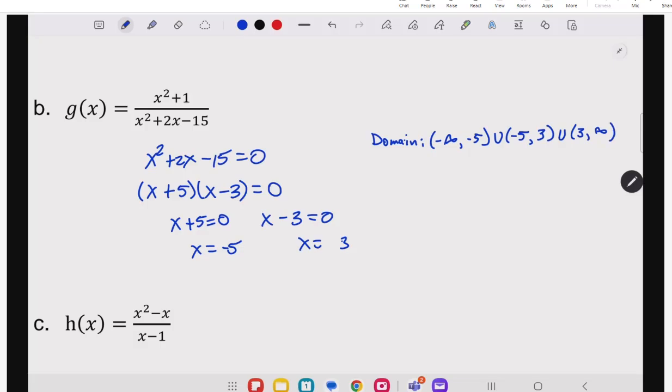Now looking again at our function, I see no common factors between the numerator and the denominator, so these both would be the equations for the vertical asymptotes.